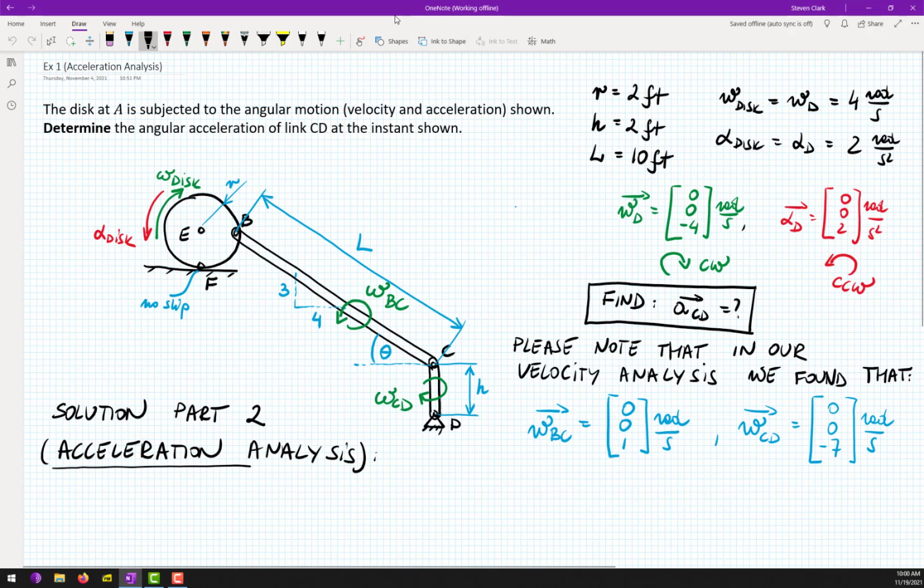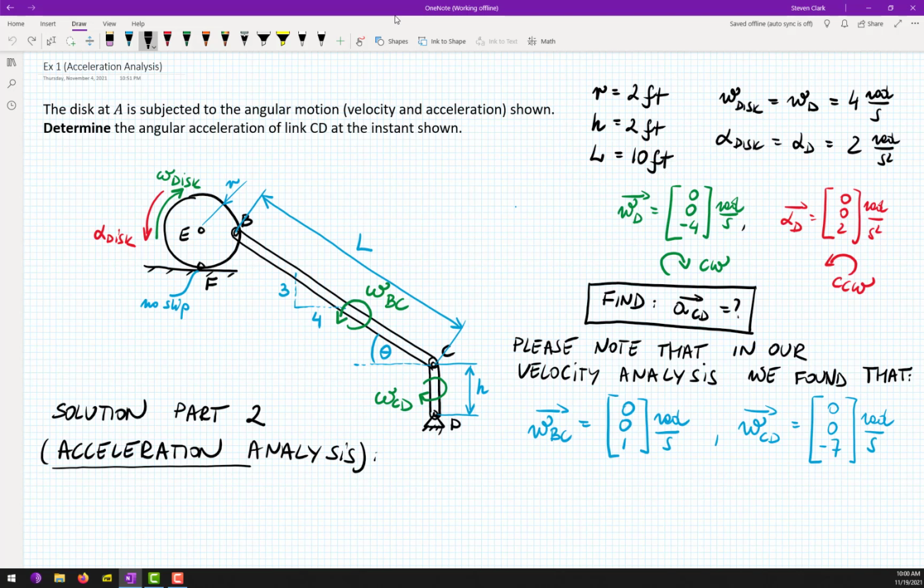So what do we have here? We have 3 bodies: our disk, our bar BC, and our little bar CD. We know the entire geometry of the system.